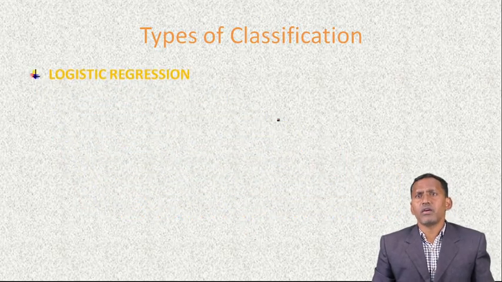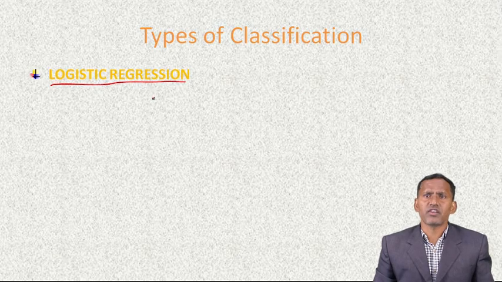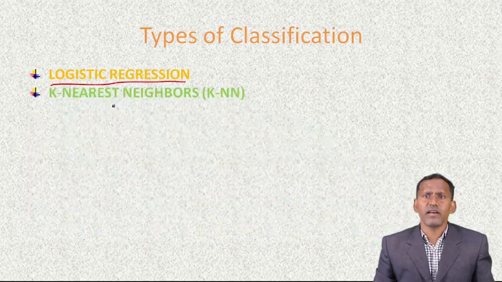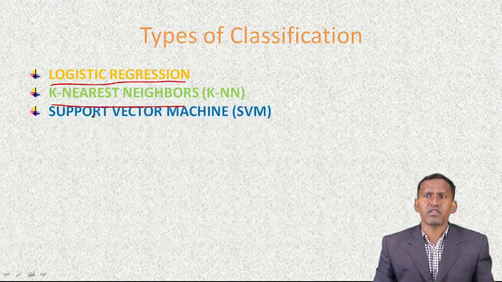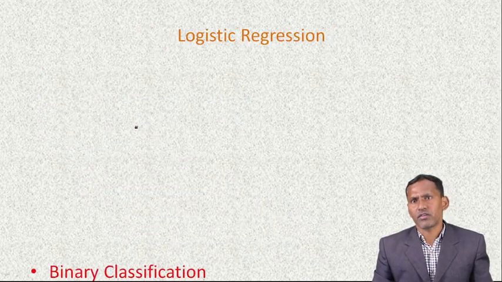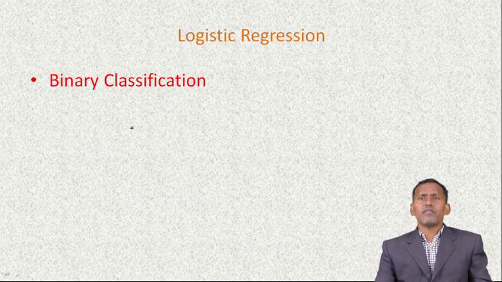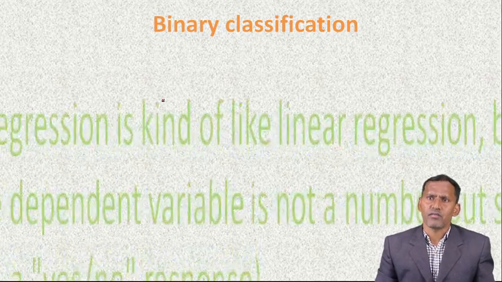Coming to the types of classification, the first one is logistic regression, the second is k nearest neighbor classification, the third is support vector machine classification, and the fourth is naive Bayes classification. We have already seen binary and multi-class classification.